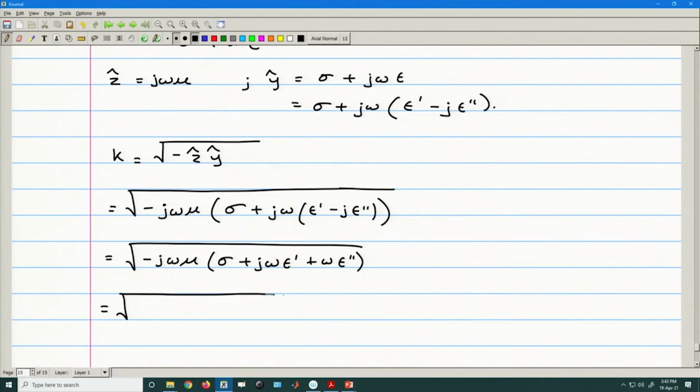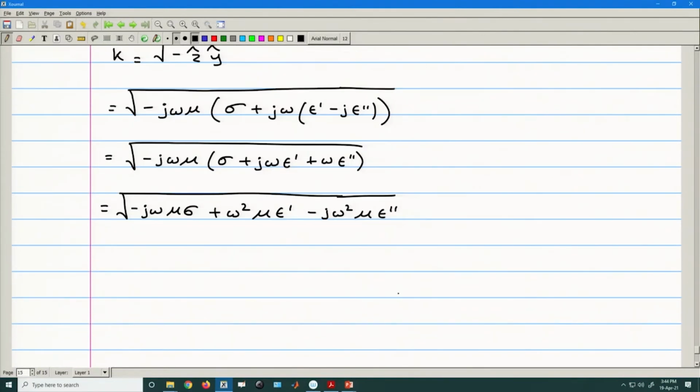Further simplification gives minus j omega mu sigma, we are multiplying this, opening up the braces. So, we get minus j omega mu sigma plus omega square mu epsilon prime minus j omega square mu epsilon double prime. That is equal to, now what we will do, we will take out the common terms.